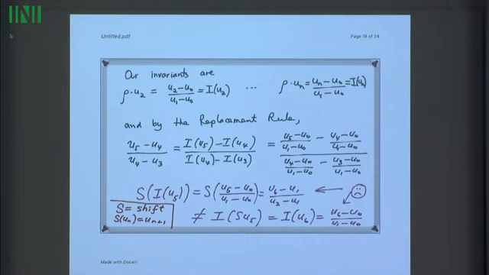So my invariant corresponding to UN is UN minus U0 over U1 minus U0, and this is obviously translation and scaling invariant. And by the replacement rule, I can take an arbitrary one of these and just use the replacement rule, and there it is. And I'm hoping that you can eyeball that. I chose a very simple action so that you could eyeball this.